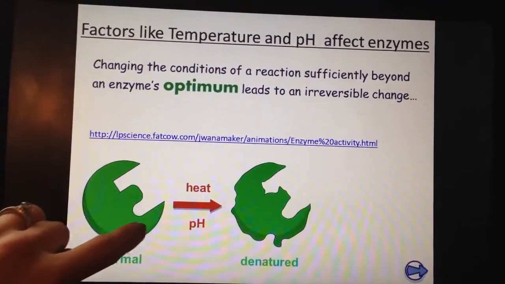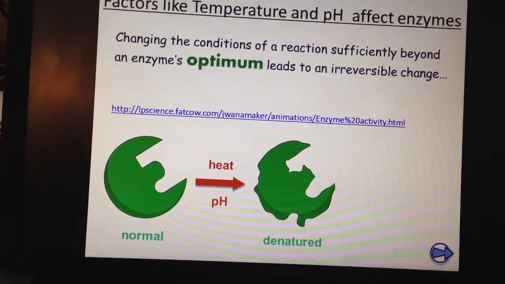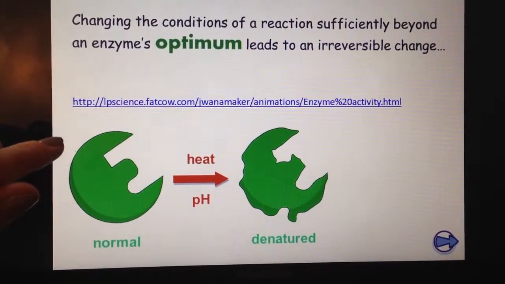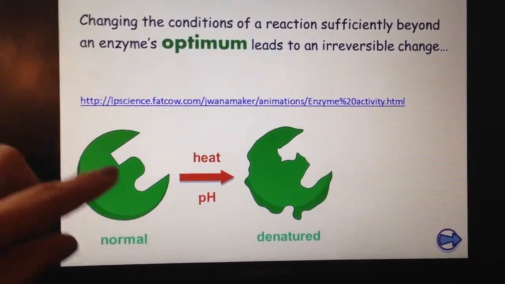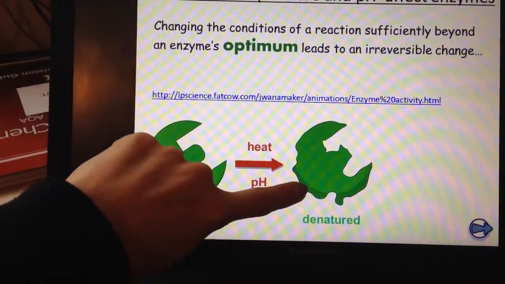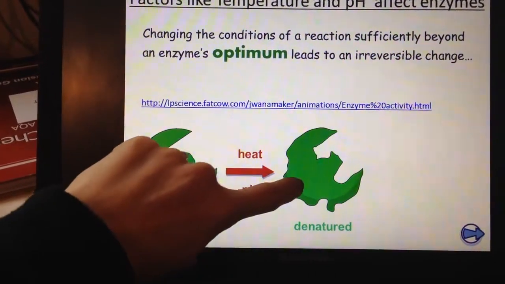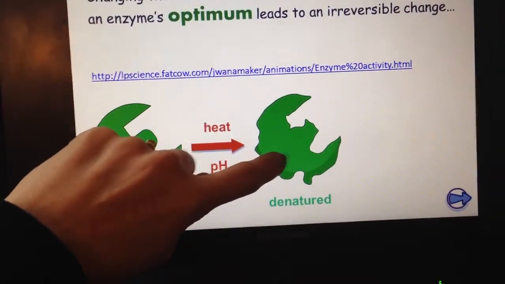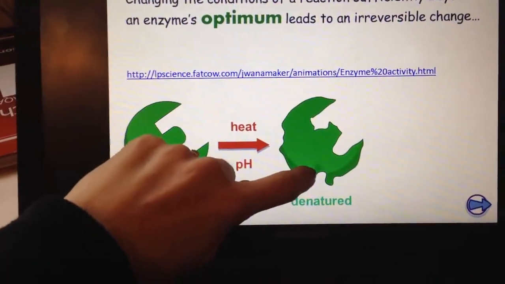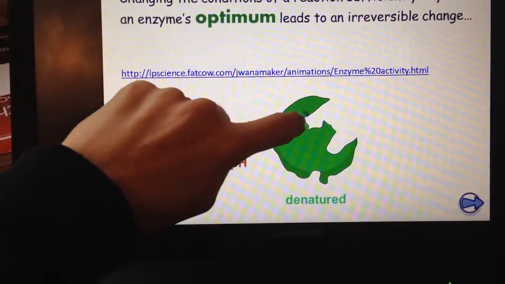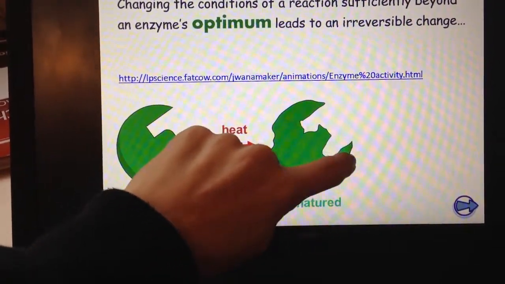If the temperature is increased beyond the optimum, so in the previous example that was beyond about 40 degrees, we can see that the enzyme's shape changes. So the structure of the protein, or the amino acids that make up the protein, becomes slightly deformed, and we can see this active site is now looking rather strange.